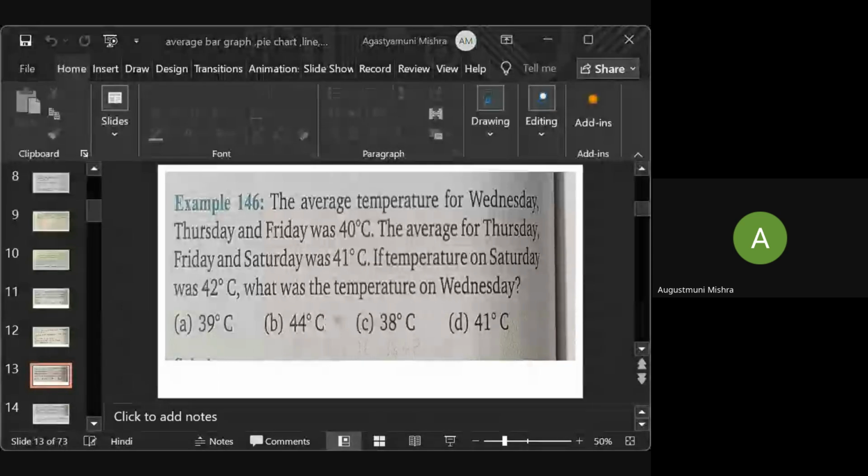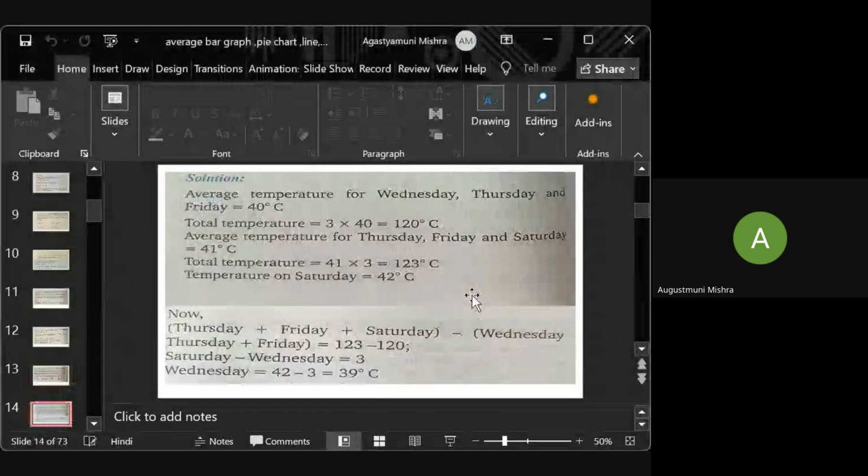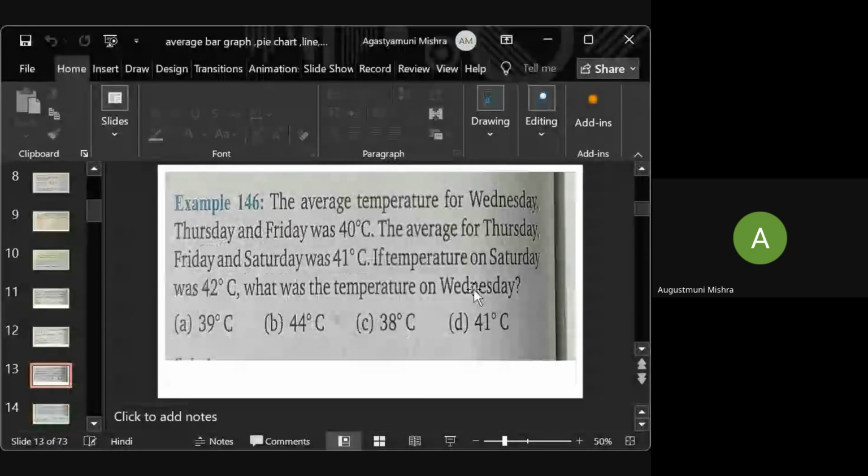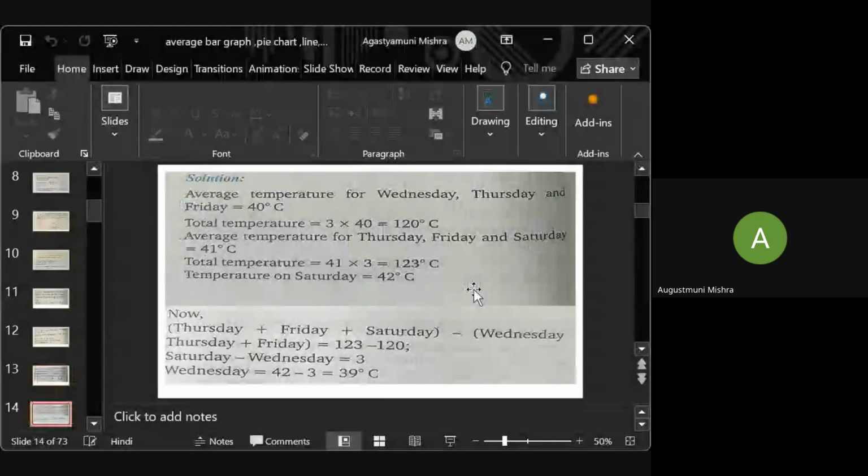Okay, I am going to change the slide. 3 minutes over. The correct answer is 39 degrees Celsius. That is A. The correct answer is 39 degrees Celsius.